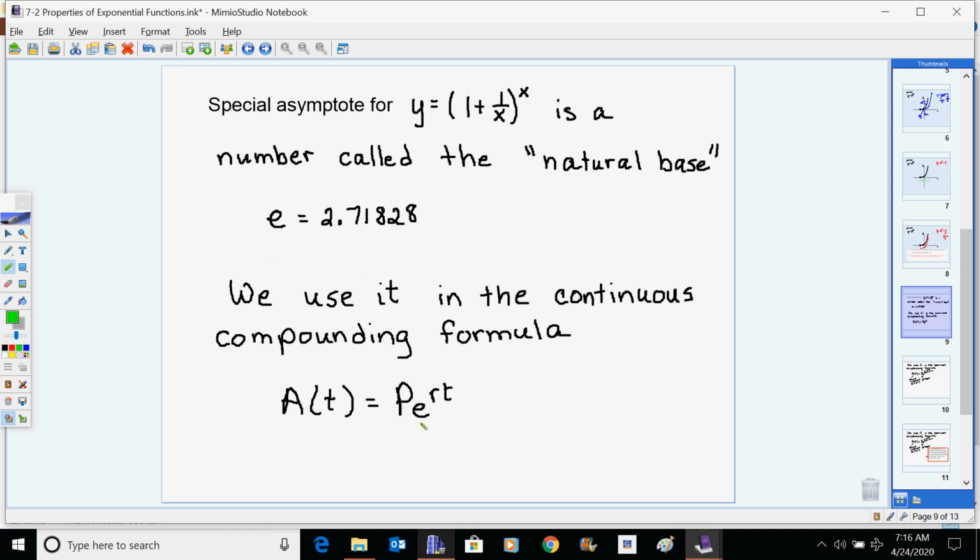So this number, though, it's not just any kind of random thing or anything that's lost in obscurity. This is used in the banking system for continuous compounding.